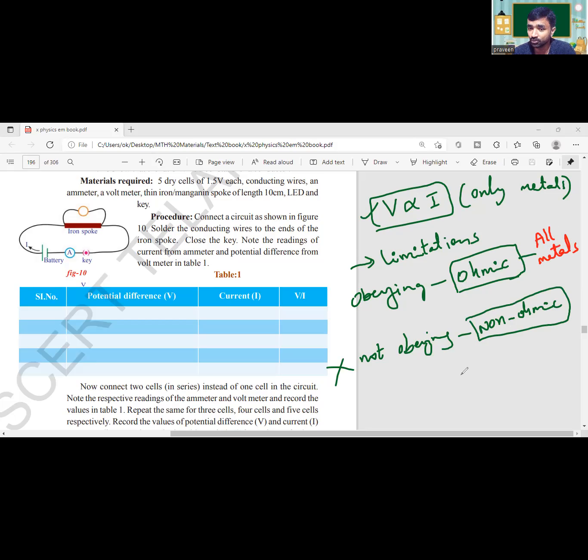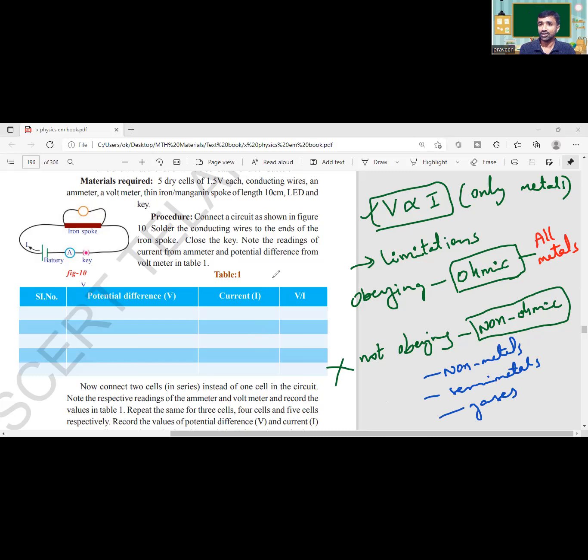Then non-ohmic conductors are simply non-metals, semi-metals, gases. These are examples for non-ohmic conductors. So in limitations, we can write about ohmic conductors and non-ohmic conductors.